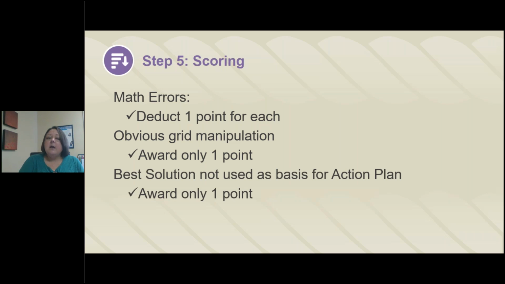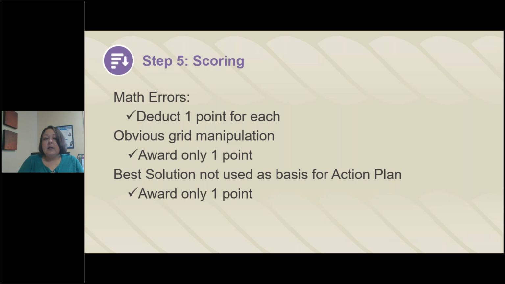And then also, whatever that best solution is based on the scores needs to be the basis for their action plan. Now, if they had an addition error and what they identified as their best solution was in fact the second best solution because of a math error, we wouldn't penalize them for that, because based on their math, they did in fact use what they believed to be the best solution.